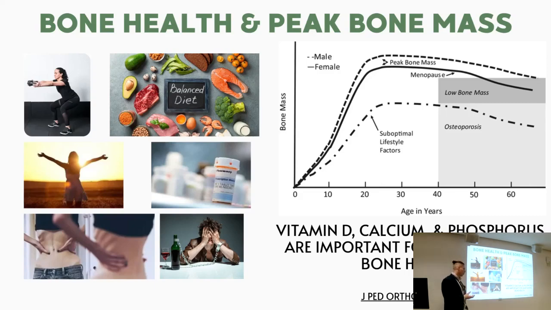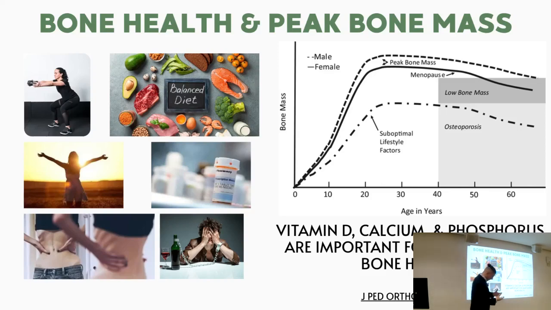So as we grow as children, we have an acceleration in our growth curves, and at the same time we get a concordant increase in the peak bone mineral density and our ability to lay down our bone mass. Now, a variety of things will relate to increasing that peak bone mineral mass.